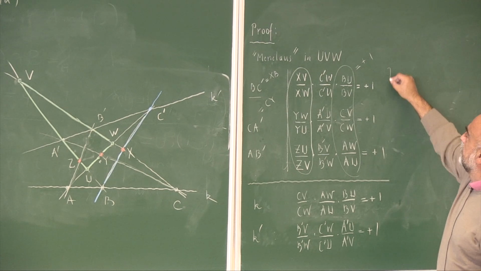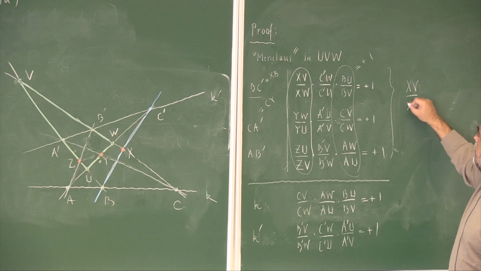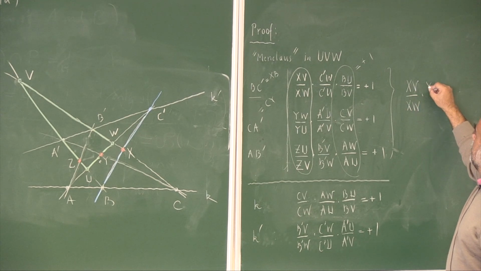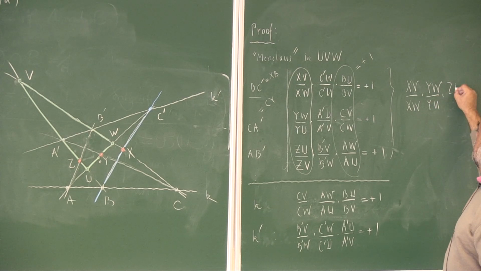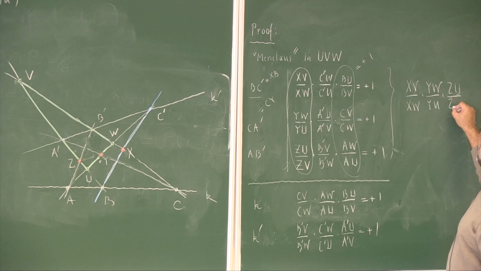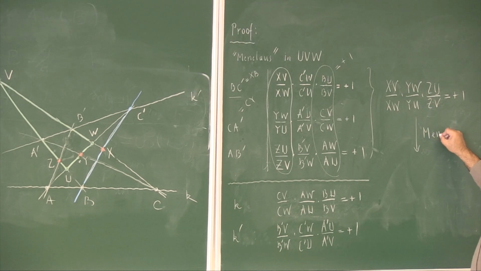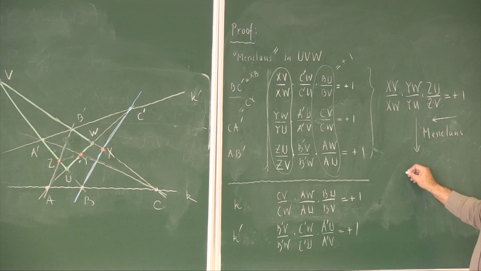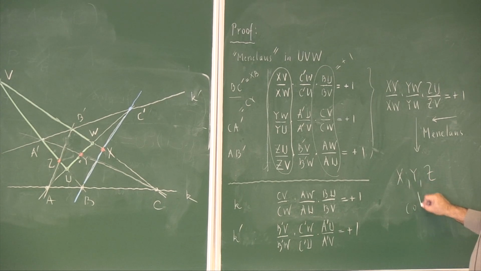So from this, you come to the conclusion that XV, XW times YW, YU, ZU, ZV, as expected, is equal to +1. And the theorem of Menelaus, used backwards, tells you that X, Y, Z are in fact collinear.